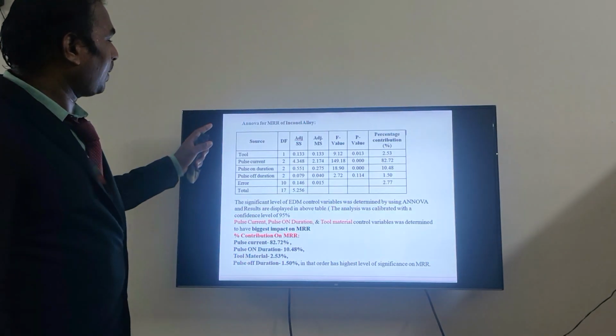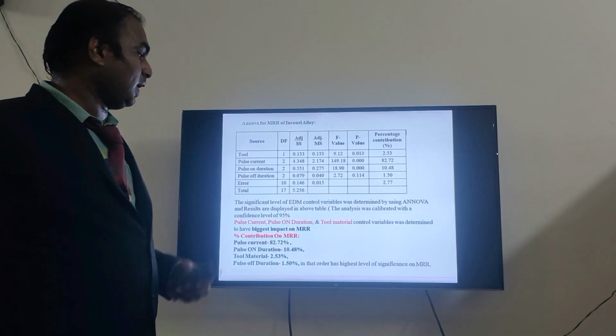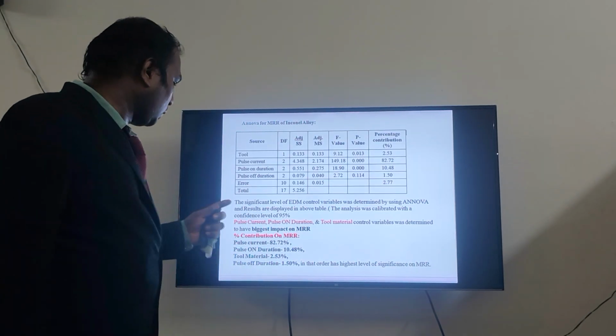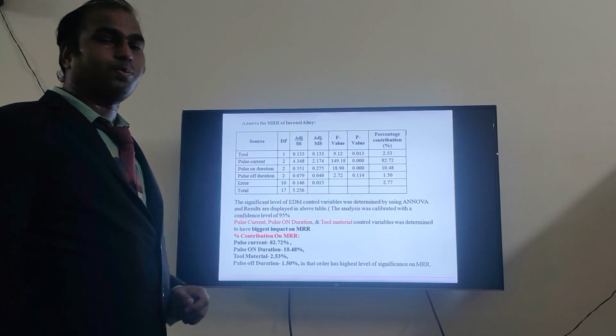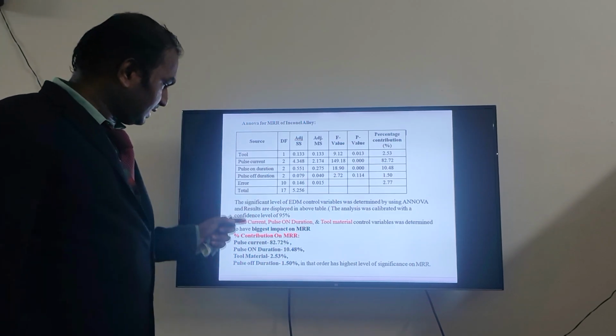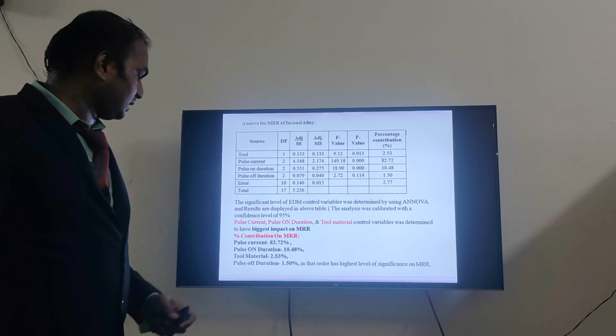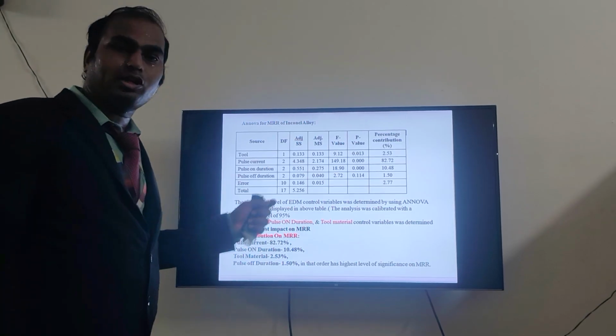Next I am going to compare with the ANOVA, where the significant factors on EDM are determined. The results are disclosed in the table above, where the pulse current, pulse on duration and tool material are the control variables with the best impact on MRR.